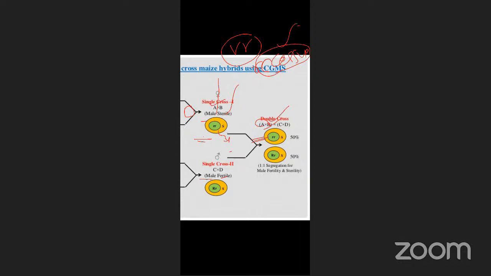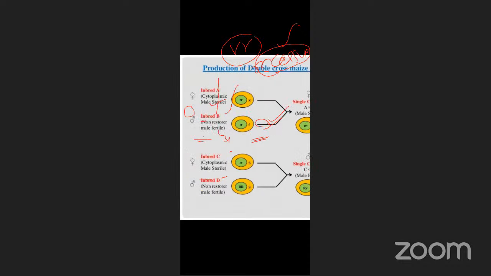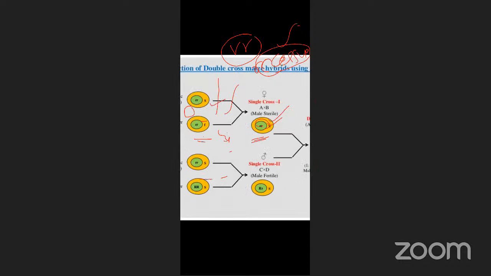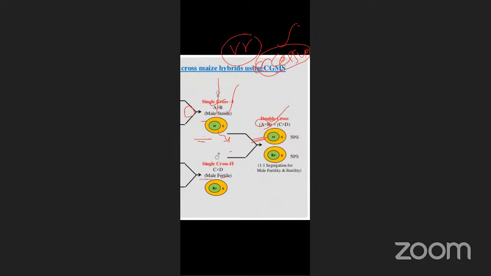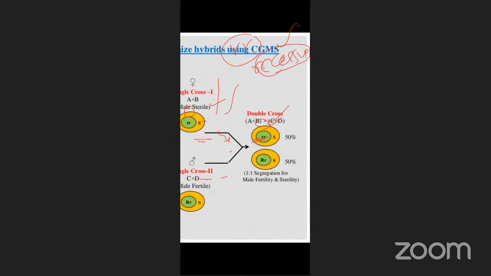Is it clear? If recessive, then sterile; if dominant, then fertile. Now the next situation: where only small r, the recessive character, is obtained, versus where capital R dominates.